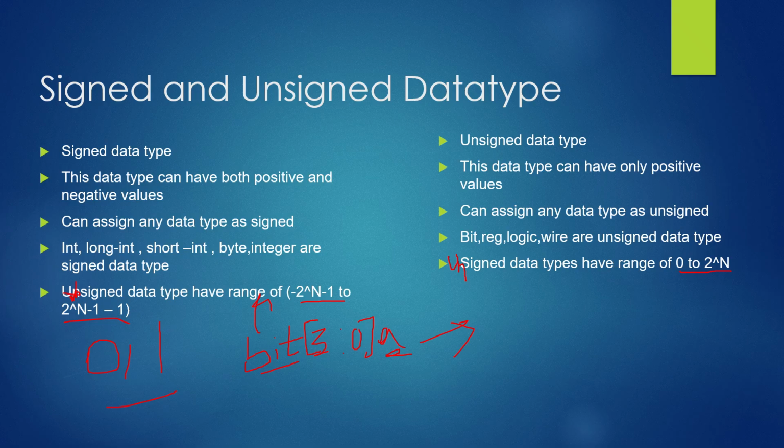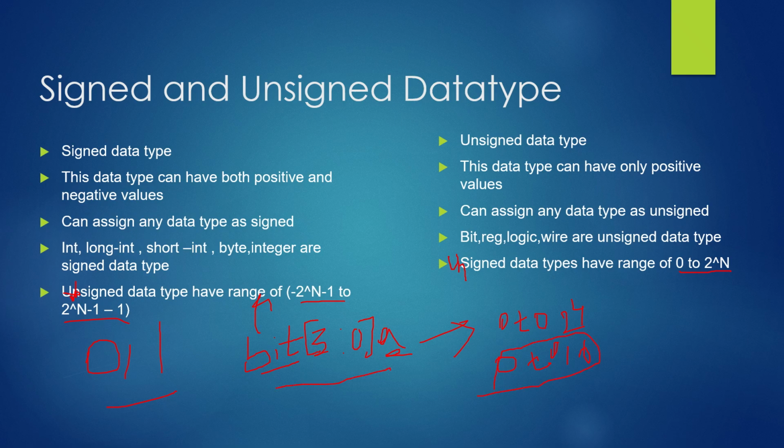This is a 4-bit variable a, so 0 to 2 power 4, which means 0 to 16. This variable a can hold values from 0 to 16 only.